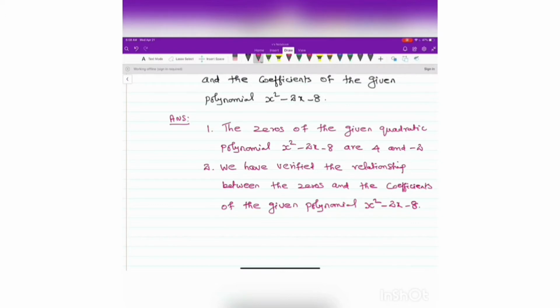See, everything should be written in detail so that you don't lose marks anywhere when you write your board examination.